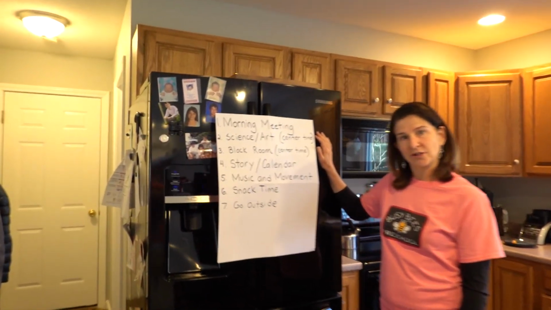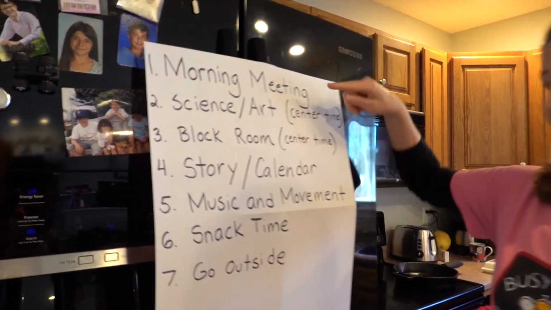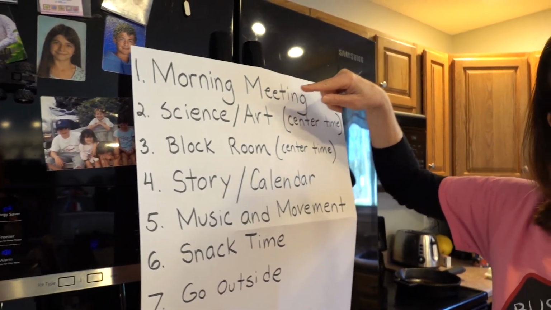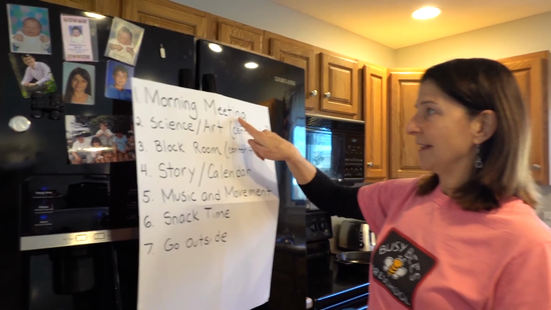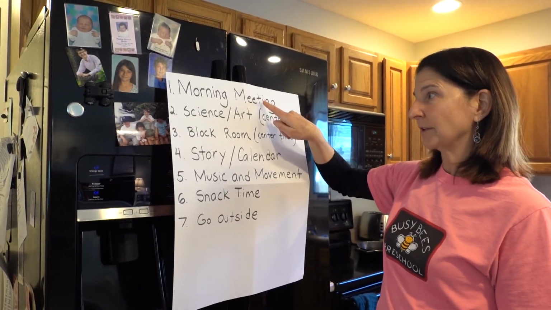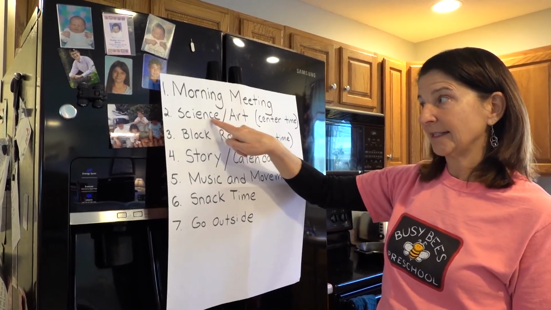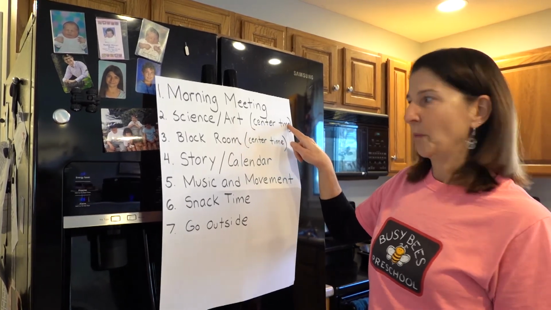So this is our schedule for the day. This is a typical schedule for Busy Bees. The first thing we do for our friends that arrive in the first room is we do morning meeting. And then we tell the kids what they're going to do in the art room. And that's when we do our science activity or our art activity while all of our centers are open.